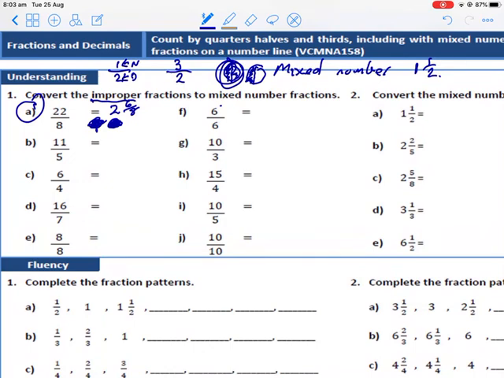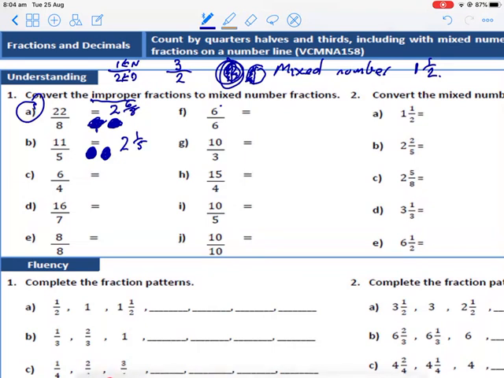Now you've got to say, right, so that's an improper fraction, I've got to make it into a mixed number fraction, so I'm going to go, well, 5 of them makes one whole, another 5 makes another whole, so I've got 10/5, which is 2 wholes and 1 left over. So that is 2 and 1/5. It's as easy as saying, how many times does 5 go into 11? And it's 2 and 1/5 left over.